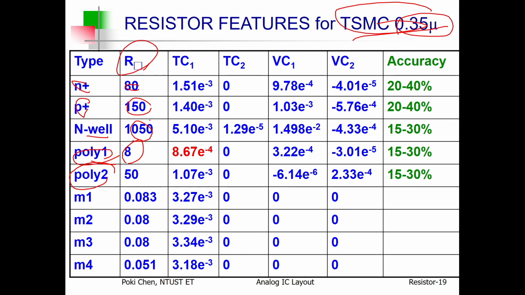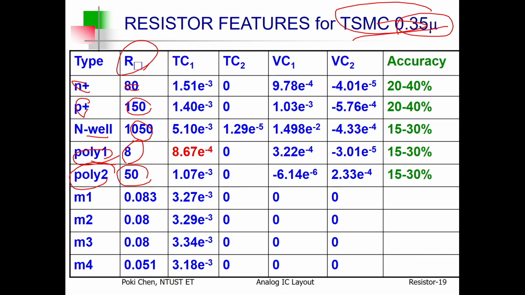It means TSMC or UMC would like to save your money. Even silicidation, you need to pay for it. So, for Poly 2, since you cannot use Poly 2 to be the gate, who cares? So the resistance for Poly 2 is much higher than Poly 1 without silicidation.